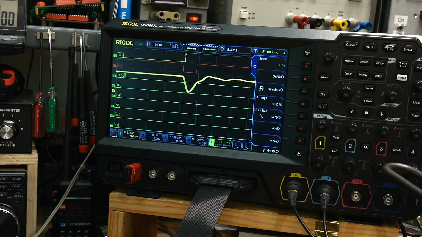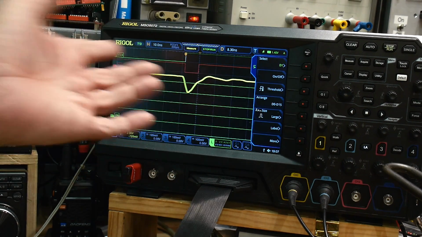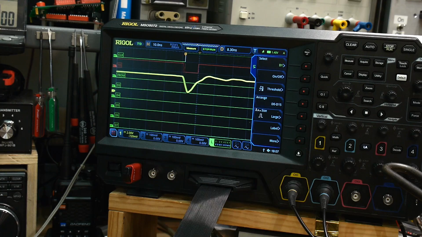Now, we didn't see that when we were looking at the analog signal. It wasn't there. In fact, I don't know if my old scope would have seen it, because I'm at 10 nanoseconds per division, so it's a 10 nanosecond wide glitch. I believe that could be why my circuit didn't work: I had this one little weird glitch in it. And I don't know where it's coming from.